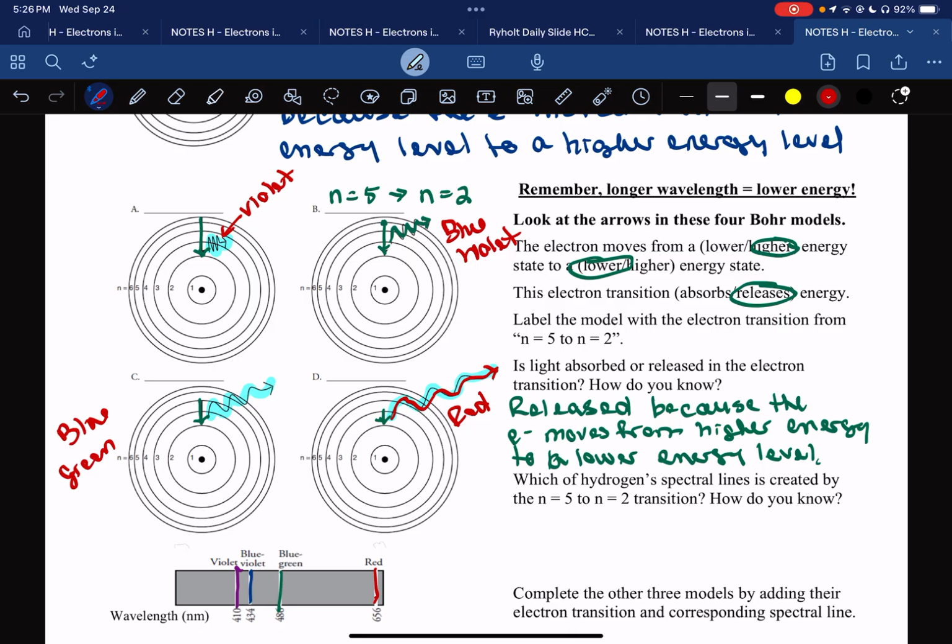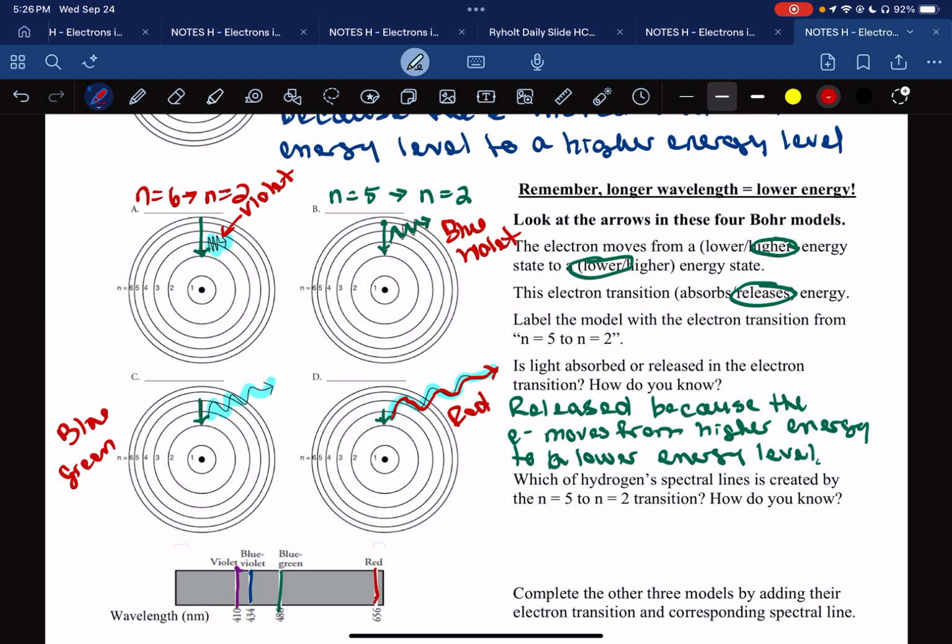All right, and so that makes sense. Here we have a very short wavelength, and we're going all the way from n equals 6 to n equals 2. It's the greatest number of energy levels we are transitioning through, and so that leads to this high energy, very short wavelength light.